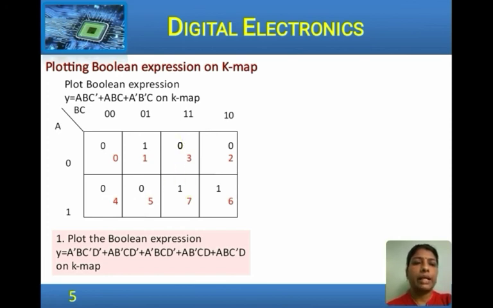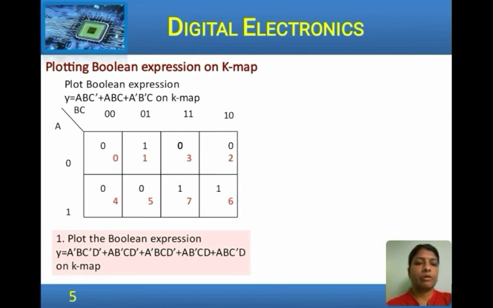Then A dash, B dash, C dash, that is 0, 0, 0, represents this cell, and the value is 1. So, for a Boolean expression where all the min terms are available, take each min term and the equivalent cell, and fill it with 1. The rest of the cells can be substituted with the value 0.